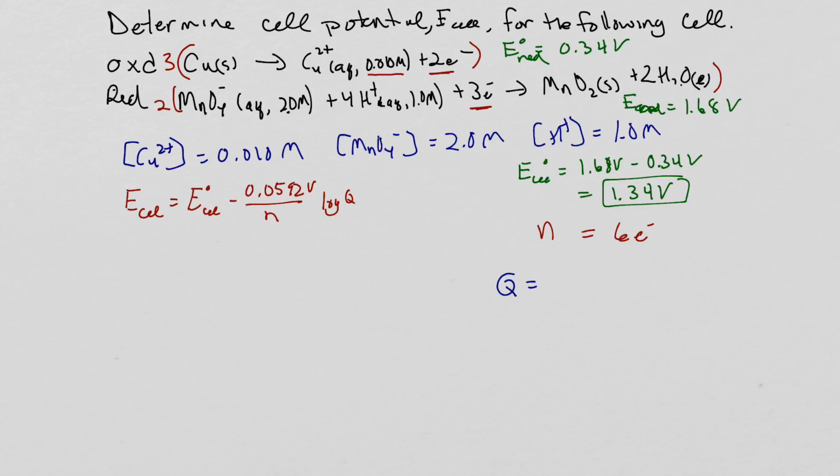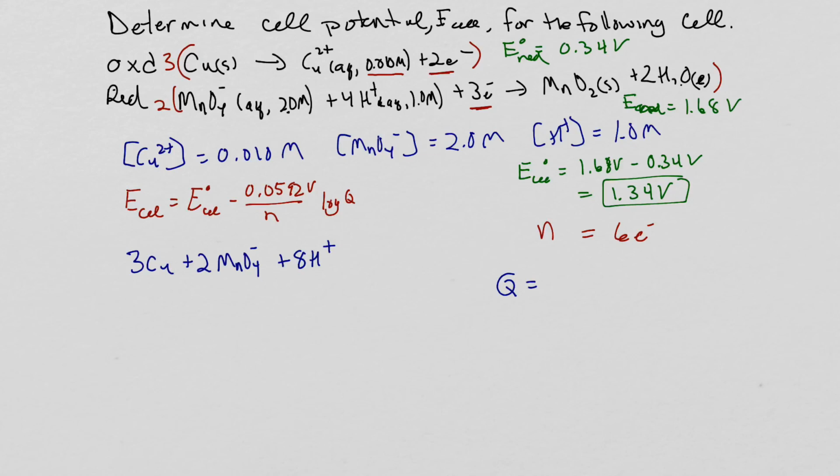So I'm going to add up all the reactants. So I have 3 coppers, I have 2 permanganate, 8 hydrogen ions, and I'm writing this a little bit more brief without all the phases here, just to give us what the equation is going to be.